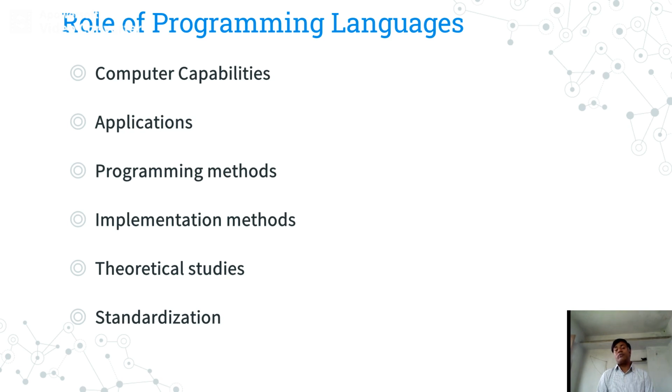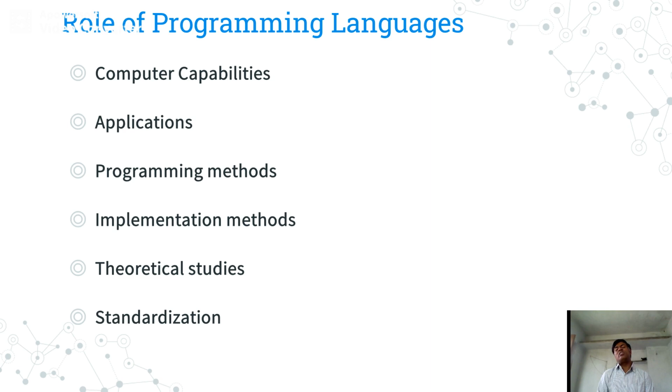Different types of programming language have different implementations. Theoretical study will also help research to develop new programming languages, or some of the errors you can ignore in theoretical study.